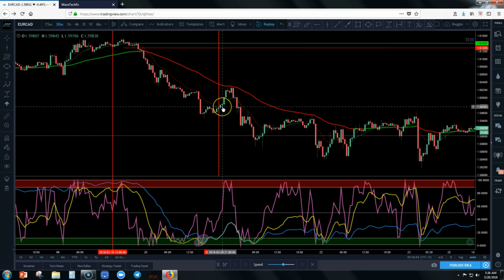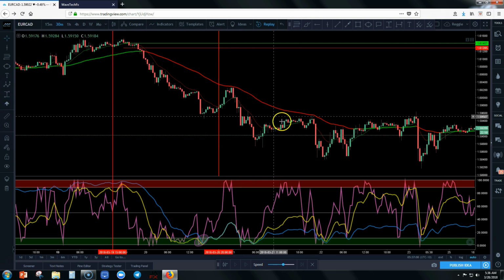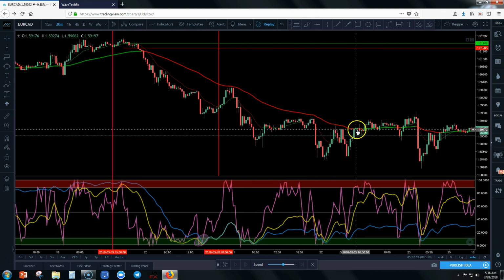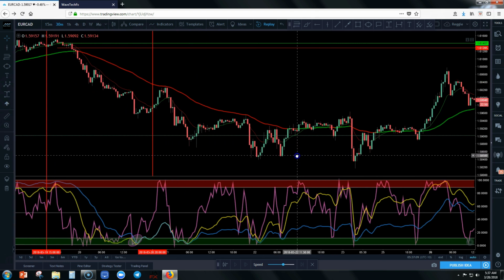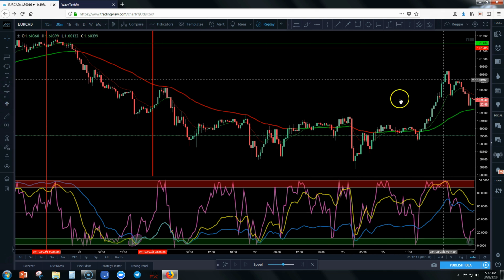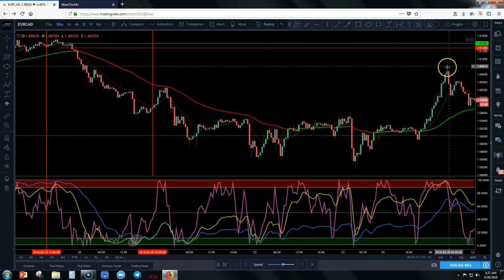Now, if you want to be more of an aggressive type where you don't mind the drawback, you can actually stay in this trade until the bigger moving average starts to turn green. So when both are green, now you can start to see the market possibly make a bigger retracement, as you can see what it did here.